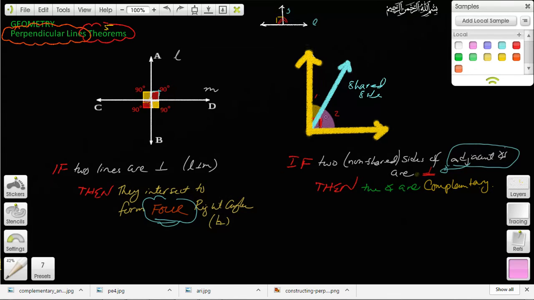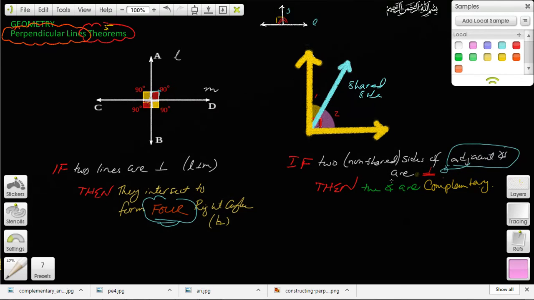Because if they are perpendicular, then that's 90 degrees, and since it's 90 degrees, angle 1 plus angle 2 must add up to 90 degrees. Why? Two baby angles give you one big angle, right? Angle addition postulate, and then you can prove that.